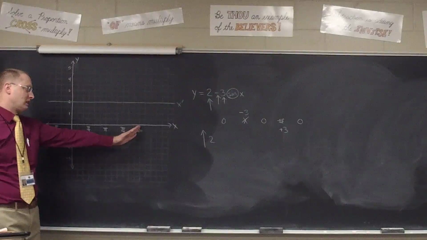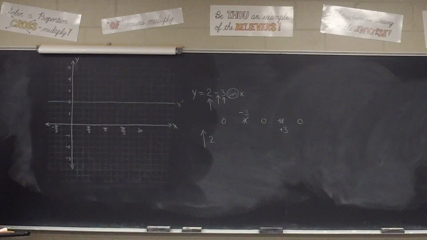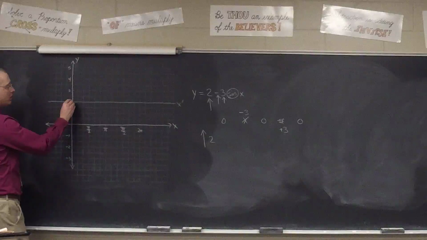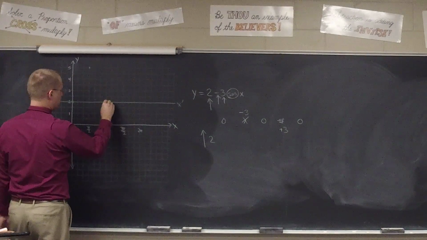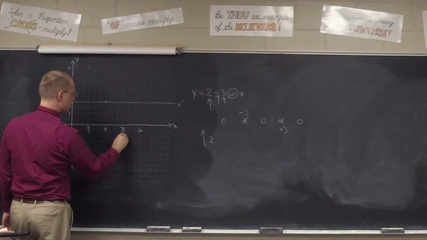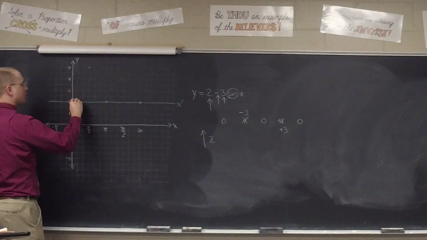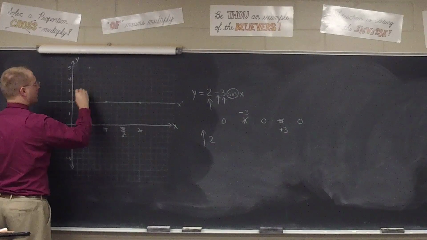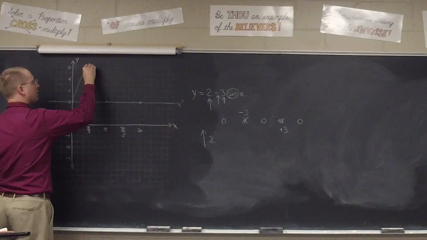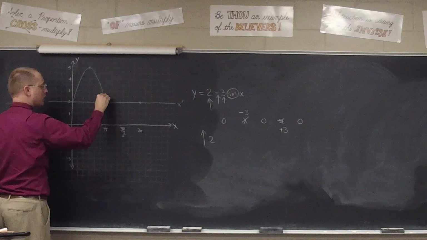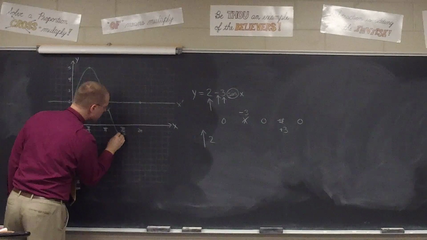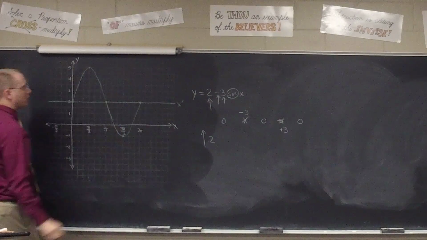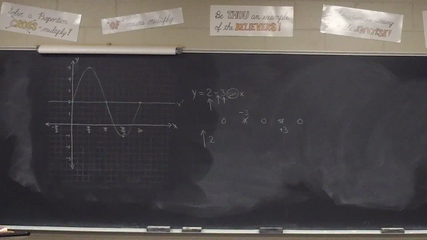Remember, 2 pi is approximately 6, so it's 12 boxes over. I'll end up getting something like this.